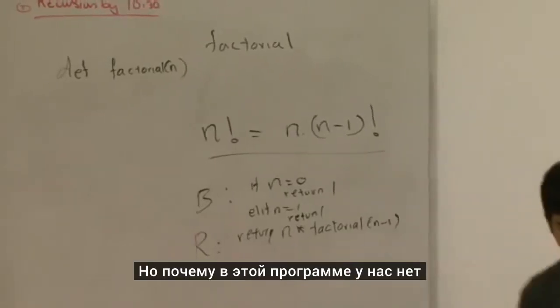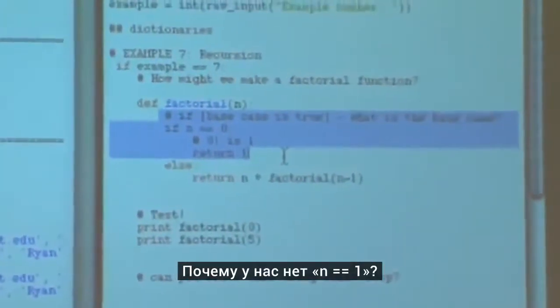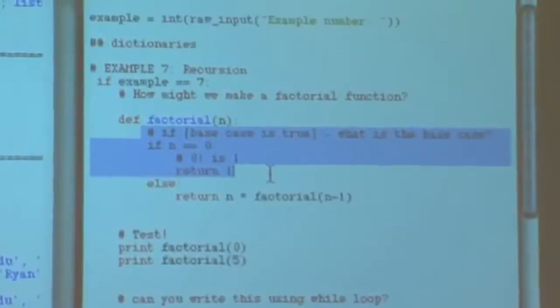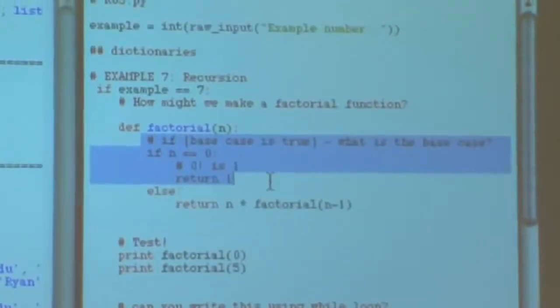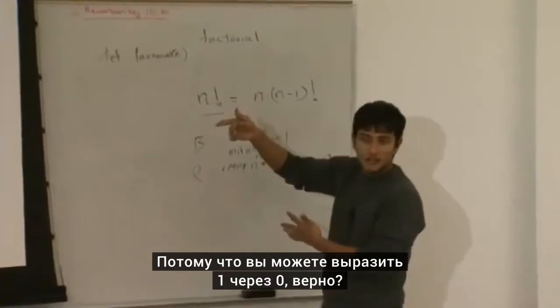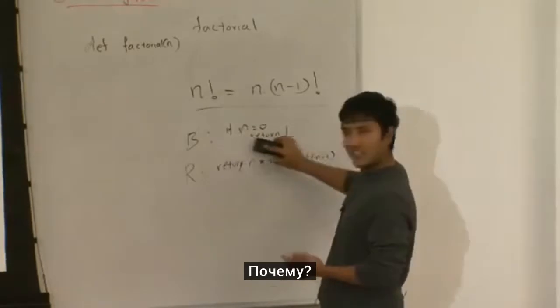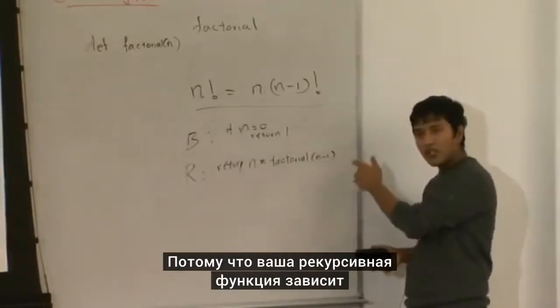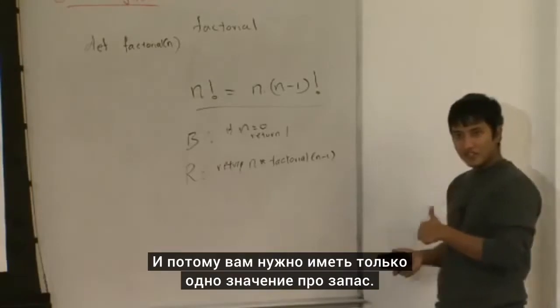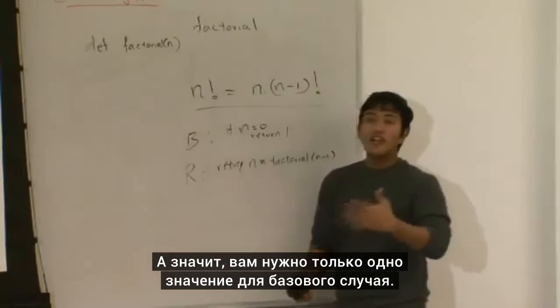But why in this program didn't we have that particular line? Why didn't we have n equals 1? It will always go to 0, right? Because you can express 1 in terms of 0 as well. So you don't need to write this explicitly. Why? Because your recursive function only depends on its previous value. So you need only one value in advance, which means you need only one value for your base case.